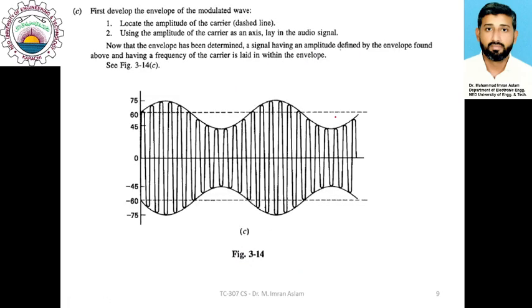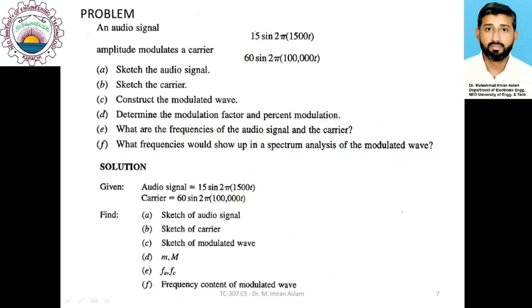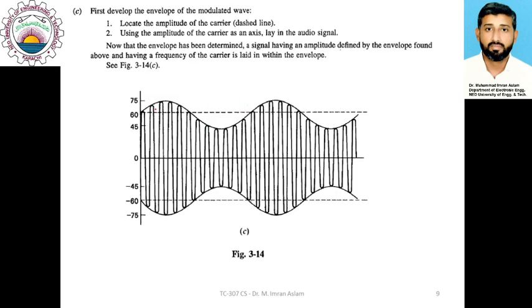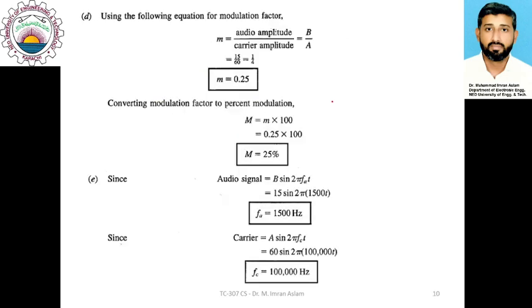So you can see that in this problem I tried to show many different things. First, how we can construct the modulated waveform, which we have done here by superimposing the message signal onto the carrier wave and following the variations appearing in that superimposition. And second, how we can calculate the modulating factor by dividing the amplitudes of both the terms.